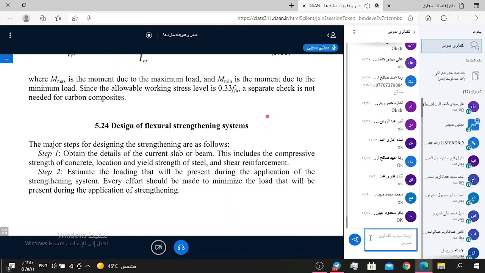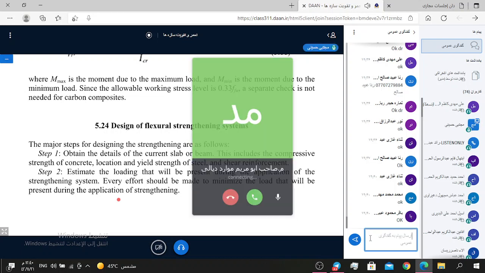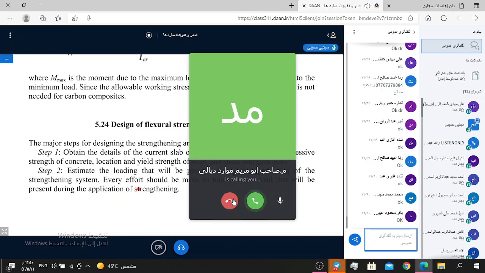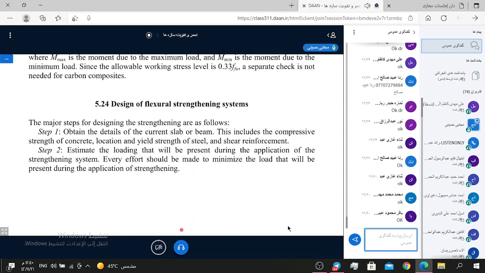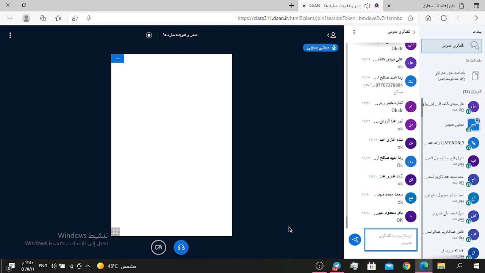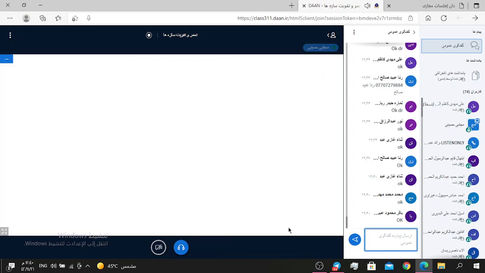And for design of a fiber strengthening system, we must follow these steps. They are very important for designing the strengthening of the cross section for a beam.